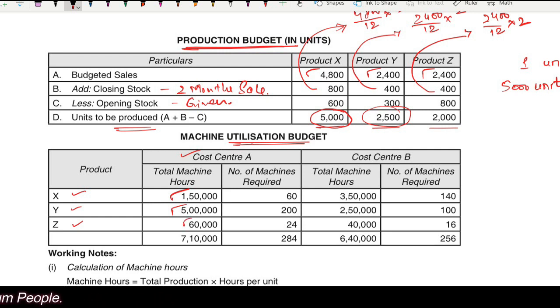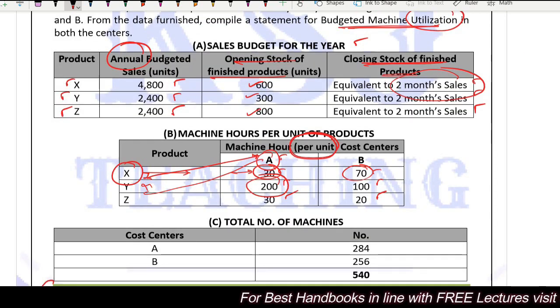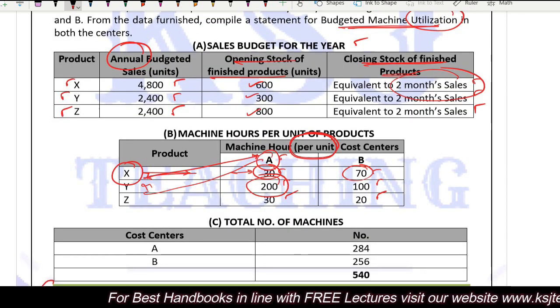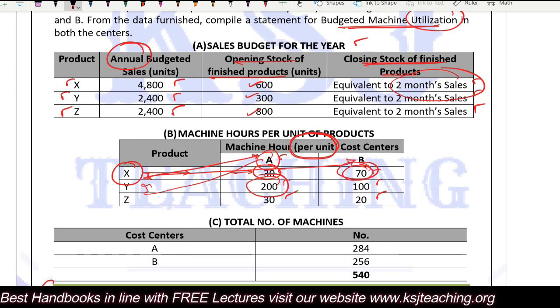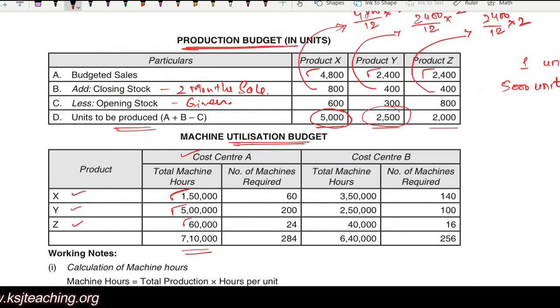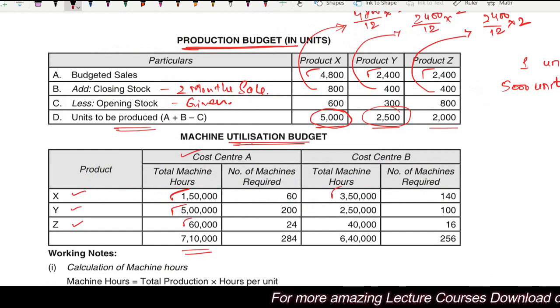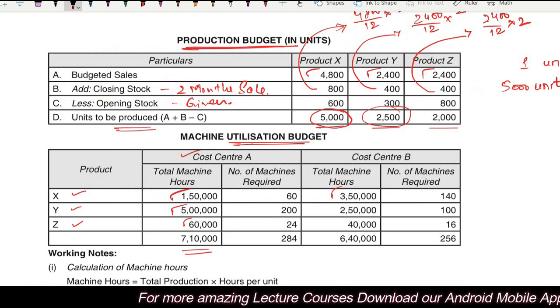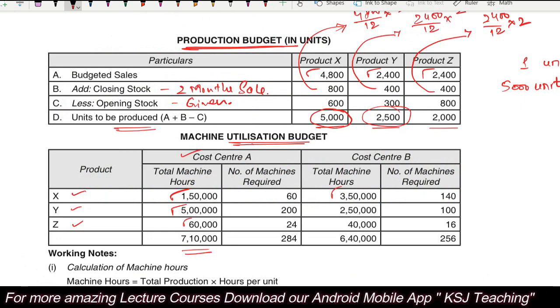Similarly for Z, you will calculate the hours, and the same way in cost center B. For product X in cost center B, 70 hours for 1 unit. How many units do you want to manufacture? 5,000 units. So 3,50,000 total hours will be required. Clear? So that is the requirement of the hours. That is clear? Right, sir.